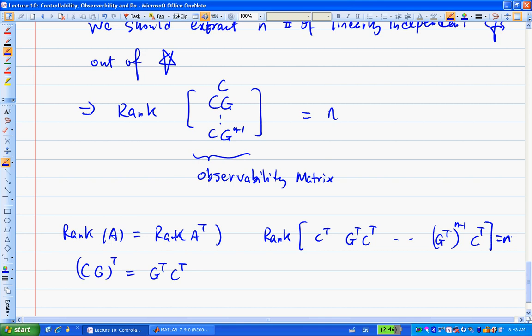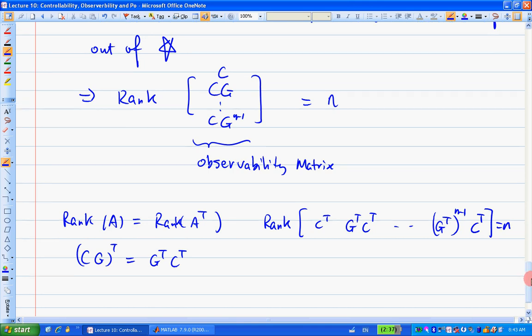So this is what we're going to check for observability. And this is the check for observability.